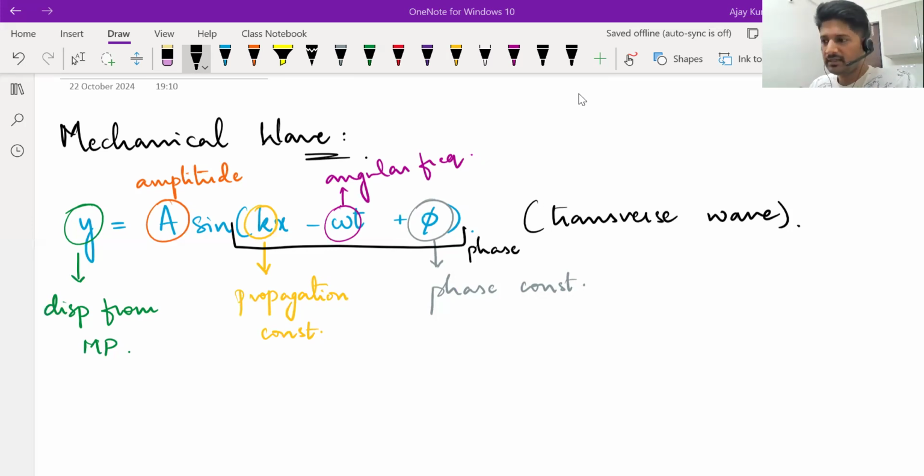So Y basically tells you to what extent a particular particle is disturbed at a particular instant. For example, just a moment, I'll take one wave diagram.